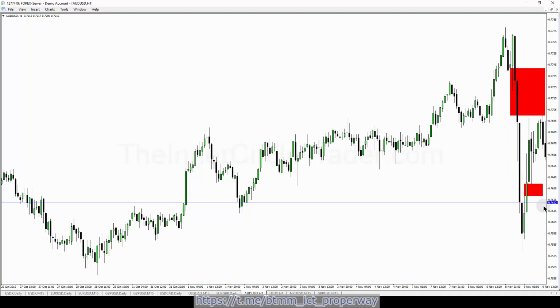If price drops down to that level, we could reasonably expect price to go back up and clear out these buy stops. Or the market could come up, trade into this void, close it in, and then trade lower to close this fair value gap, or hit this bullish order block to close the trade.